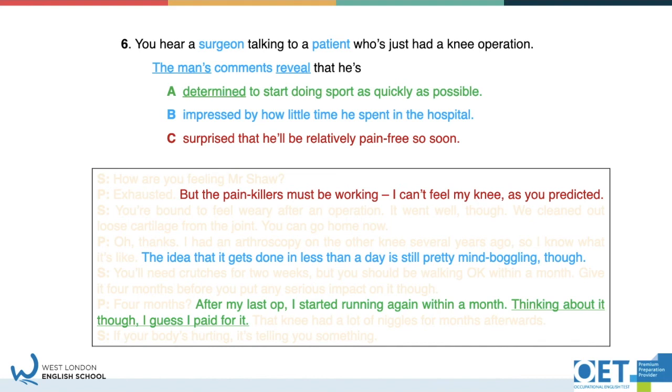Which means that after his last operation, he did start running again, but he paid for it. That means that there was pain or there were some kind of problems, and he actually shouldn't have started running so quickly. So this can't be our answer.